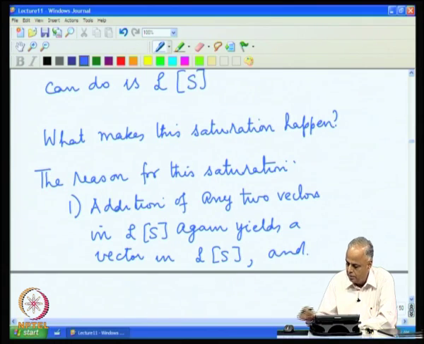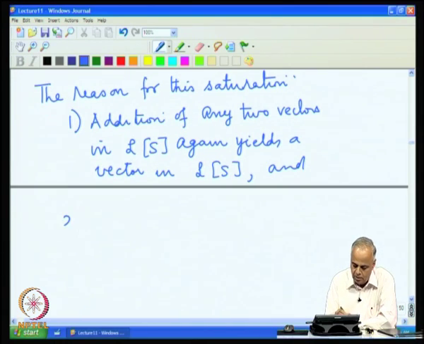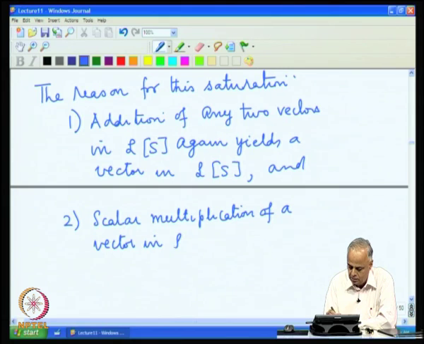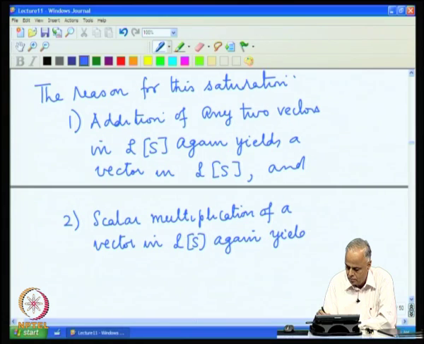And the second reason is scalar multiplication of a vector in LS again yields a vector in LS.